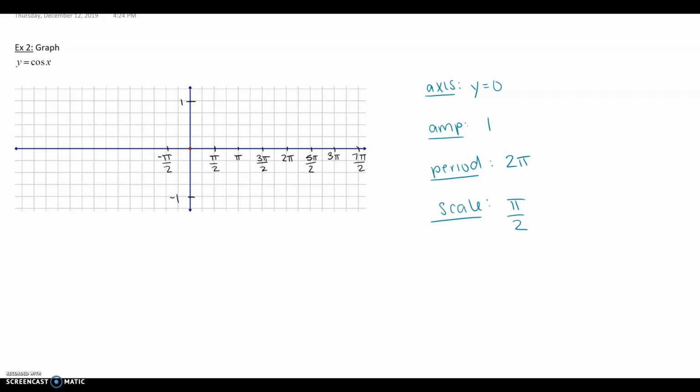And because this is cosine, when the angle is 0, we have cosine of 0 is 1. So max is our starting point. Circle it, write the coordinates 0, 1. And then head down to your axis, your min, your axis, your max, your axis, your min, etc.